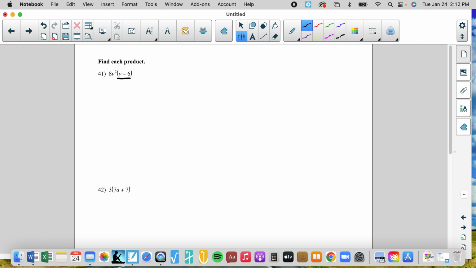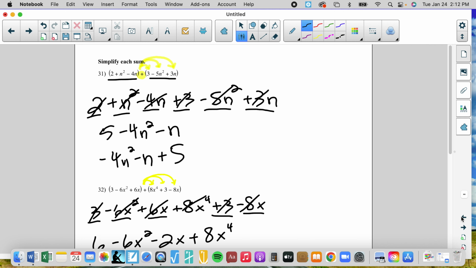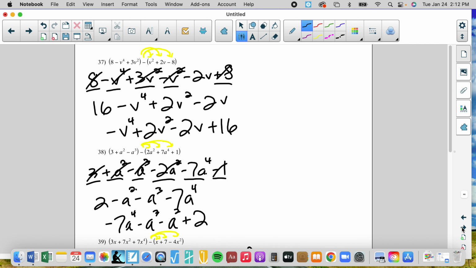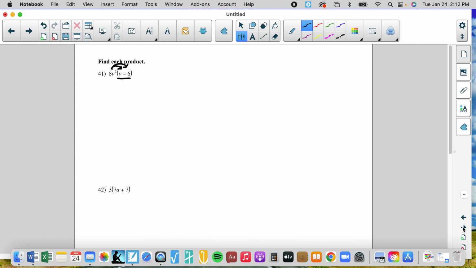So a way of simplification is distributing. We just got done distributing. We distributed a positive 1, and we distribute a negative 1. So now we actually have a little bit more. So we have 8v squared times v plus 8v squared times negative 6.